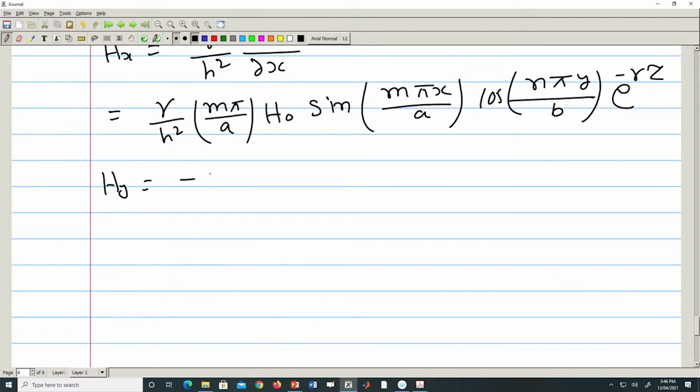And Hy will be minus of gamma by h square del of Hz by del y, equal to gamma by h square differentiation with respect to y.